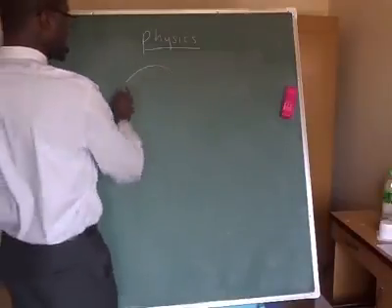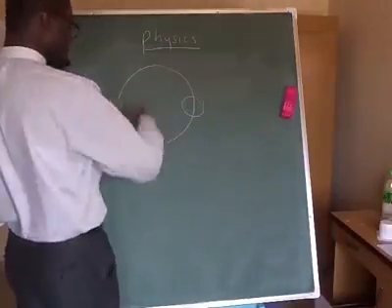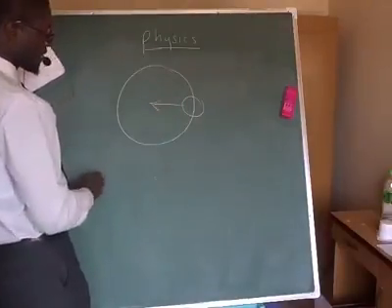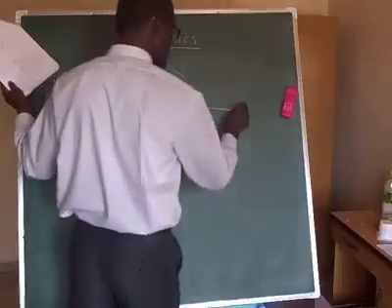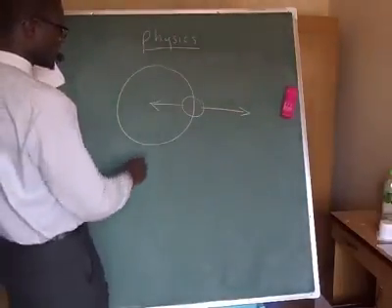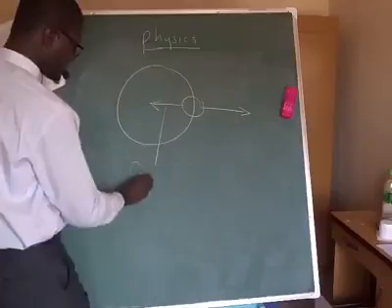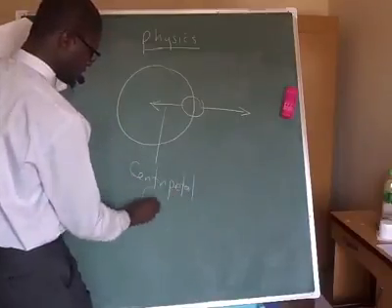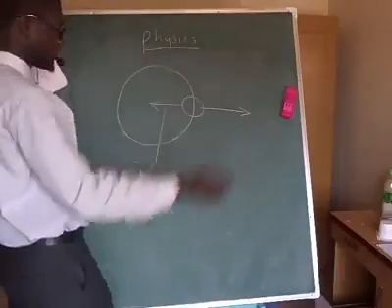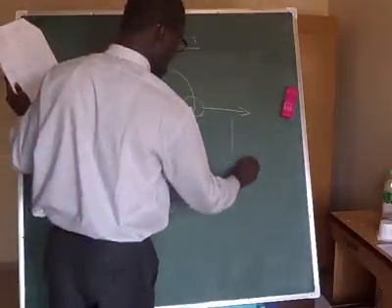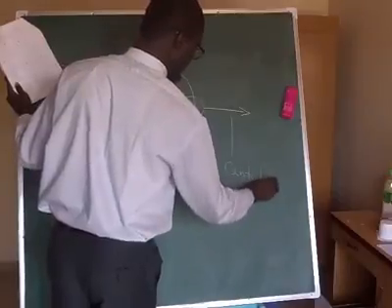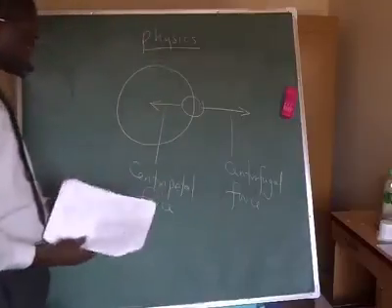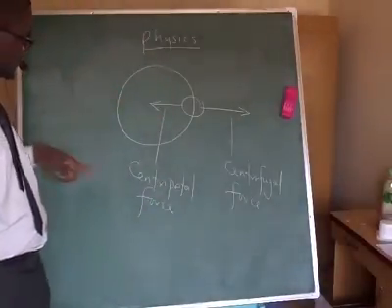The one that is acting towards the center is the centripetal force. The one that acts away from the circle is centrifugal force. So these are the two forces acting on a body revolving around a circle.